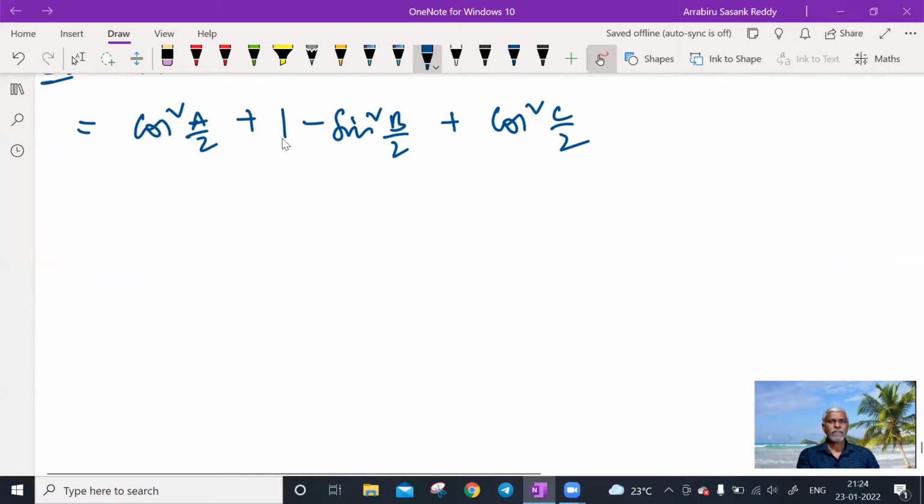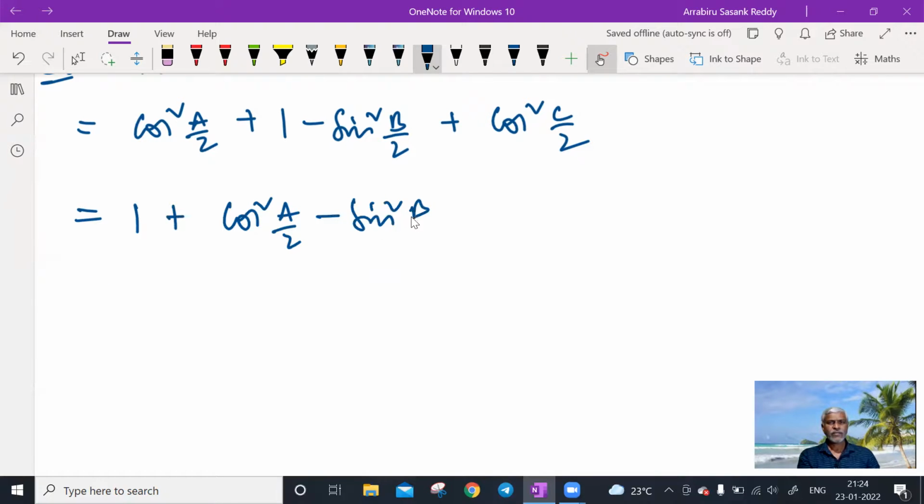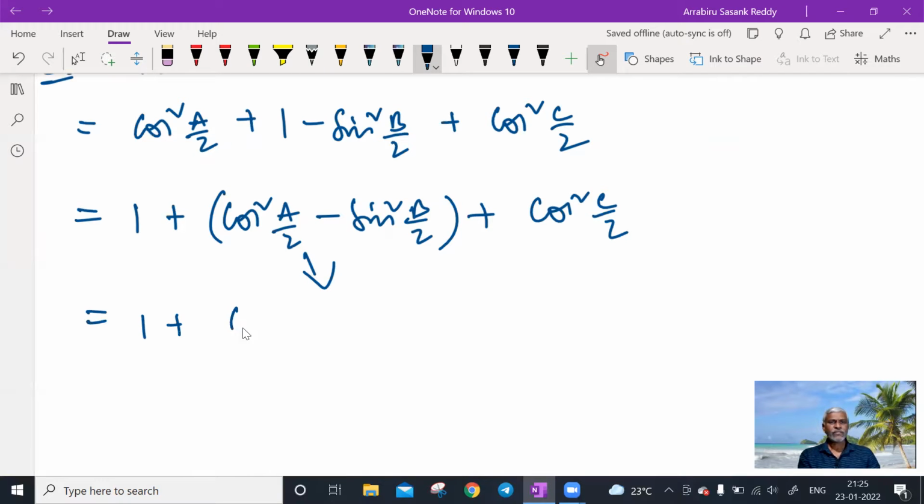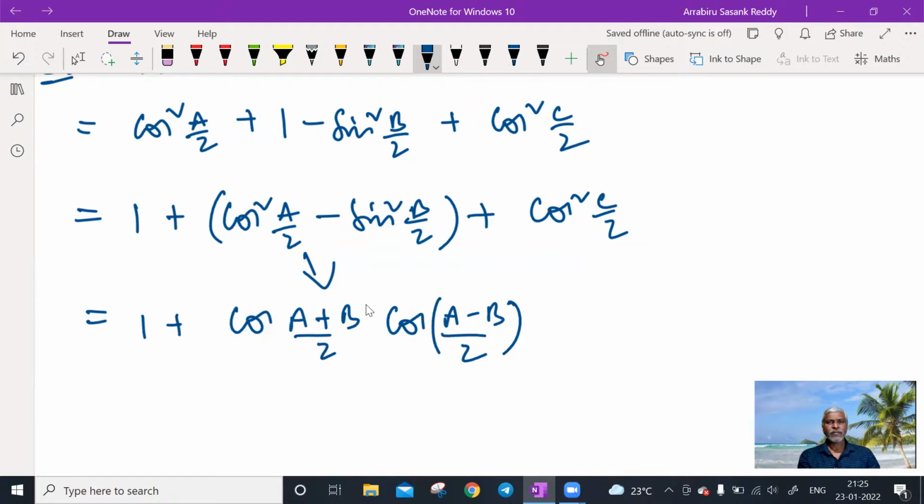Next, cos square a by 2 minus sin square b by 2 together, and cos square c by 2 as it is. So this is cos(a plus b) cos(a minus b). Here a by 2 and b by 2, so (a plus b) by 2 and (a minus b) by 2. So this is cos square c by 2 as it is.